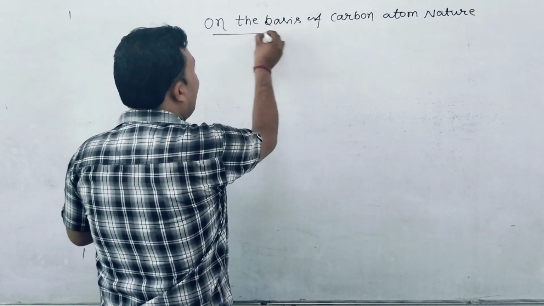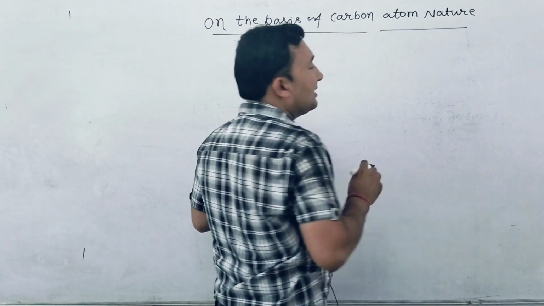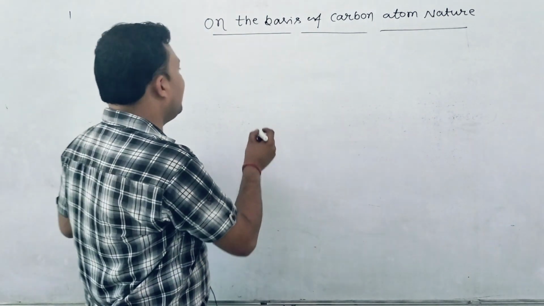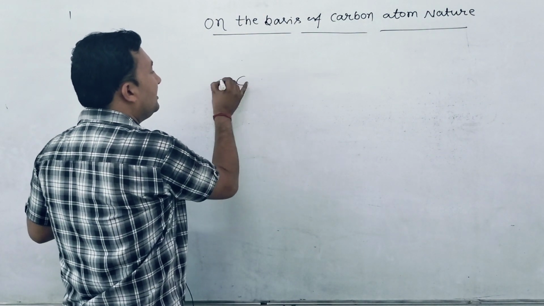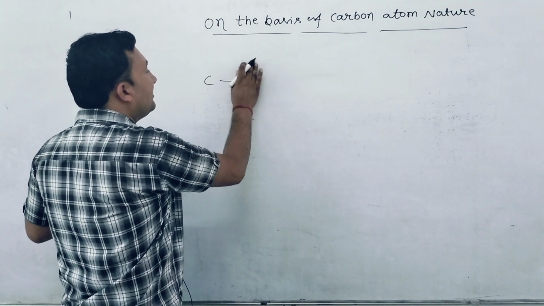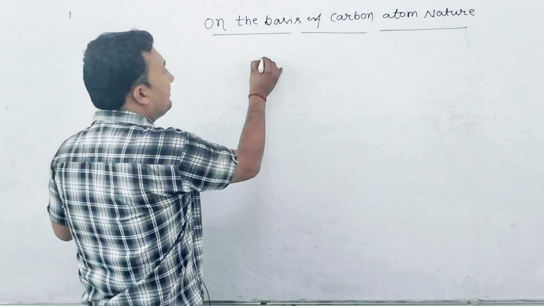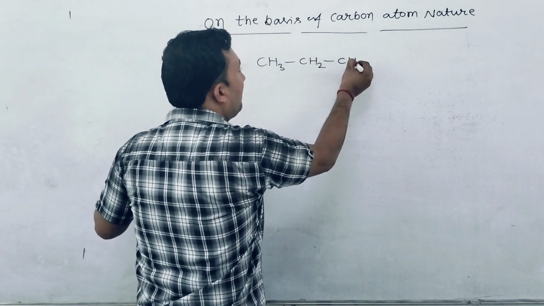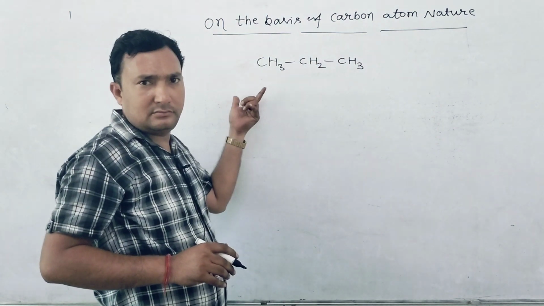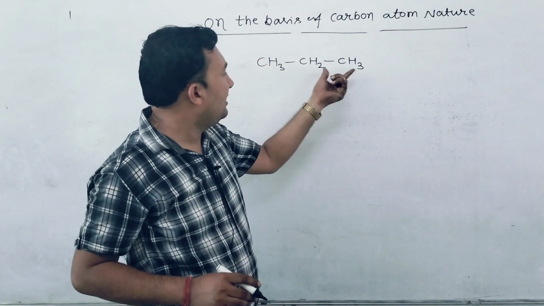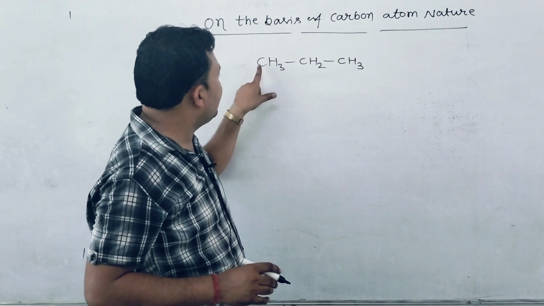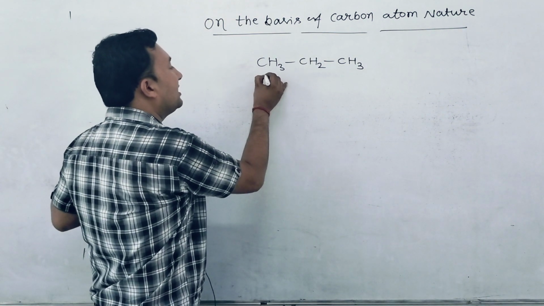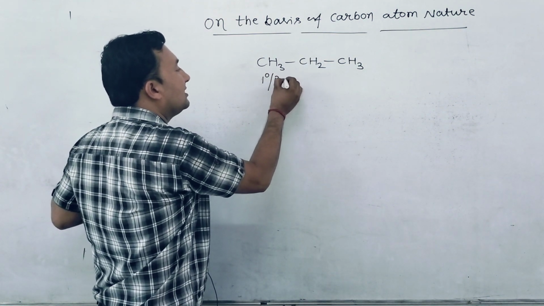As you know, carbon atoms can be classified on the basis of the attached number of carbons. Suppose we are having a carbon in a hydrocarbon, and this carbon is attached with another one carbon, like the example of CH3, CH2, CH3. This is called propane. In this particular compound, this carbon is directly attached to another one carbon, so it will be categorized as 1 degree, or we call it primary.